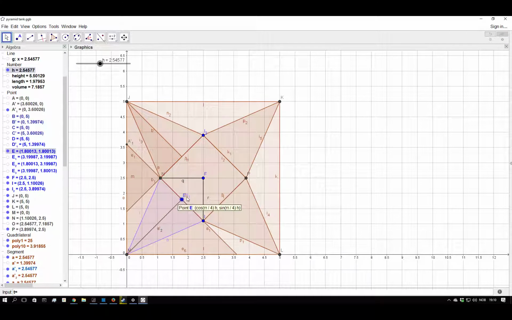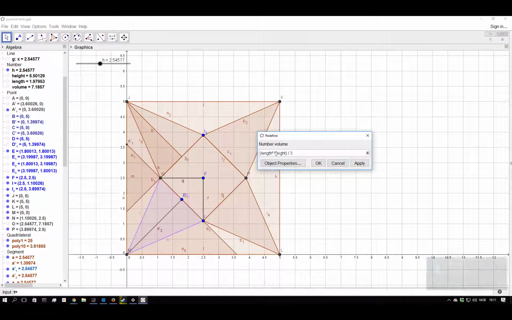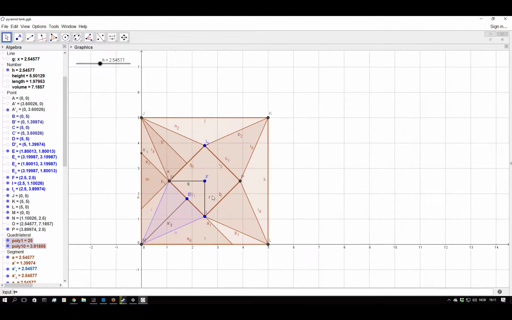So this container will have a certain volume. The volume is defined as the length of the base squared multiplied by the height, divided by 3. And the height of the pyramid here would not be the same as the slant height. It would be the height of the actual constructed one.